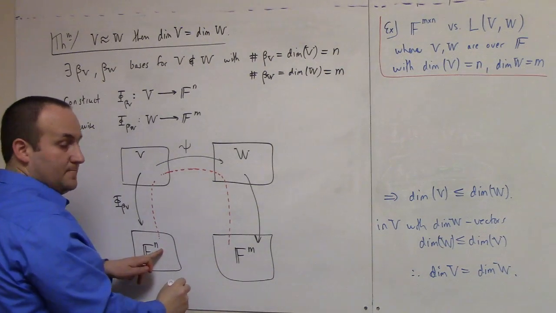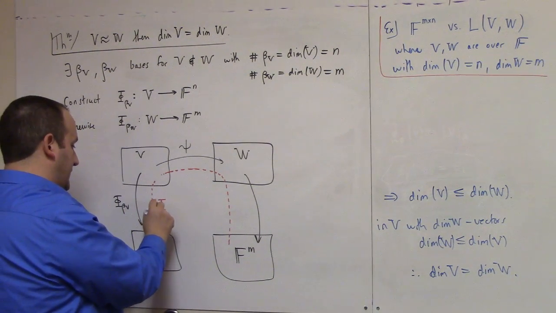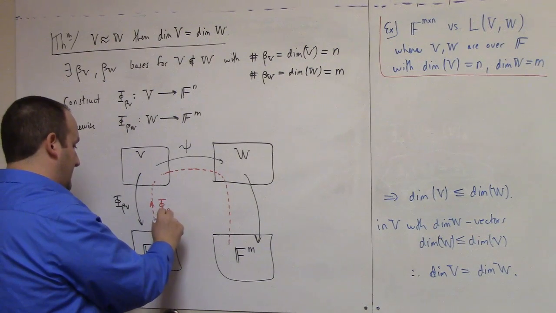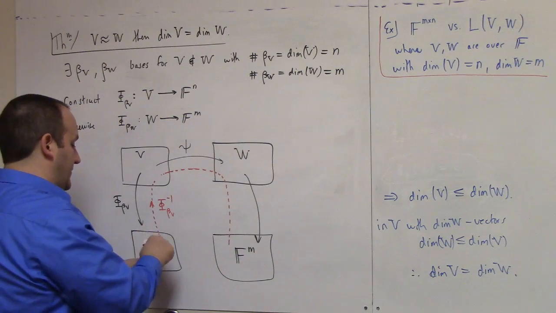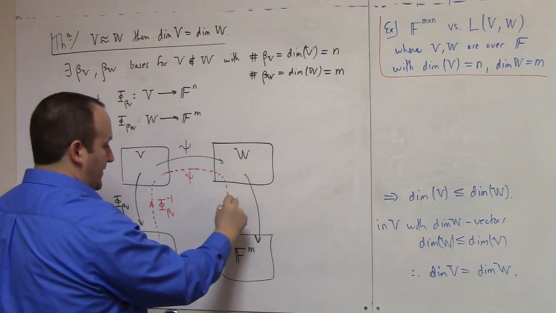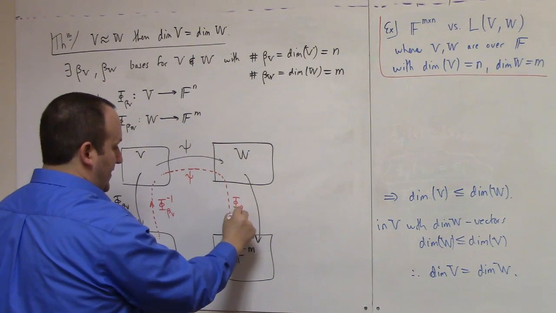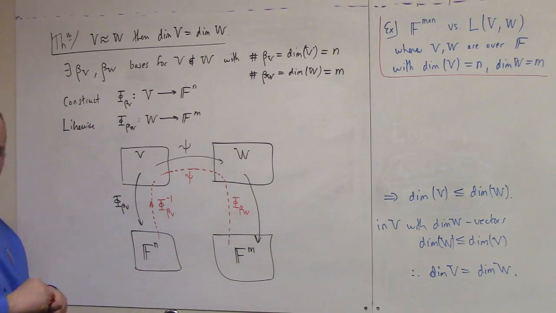Like that, you see? And so this first part of the journey is the inverse of the coordinate map phi sub beta V. This, of course, is psi. And then over here you have the phi beta W map. So now this is the partly tricky part.